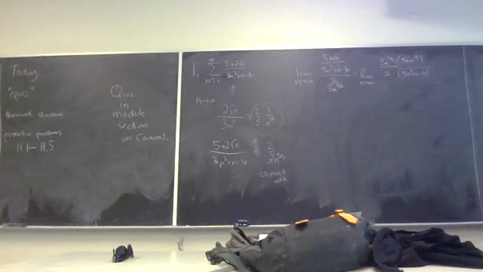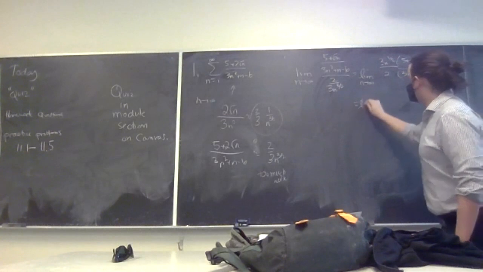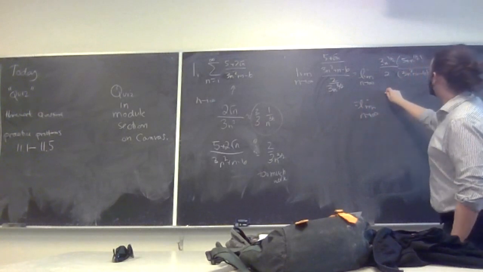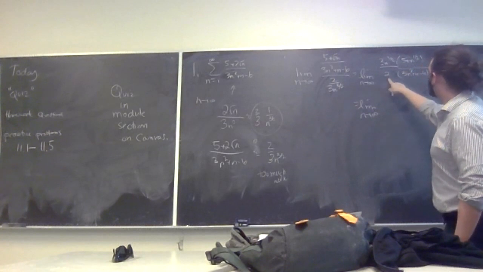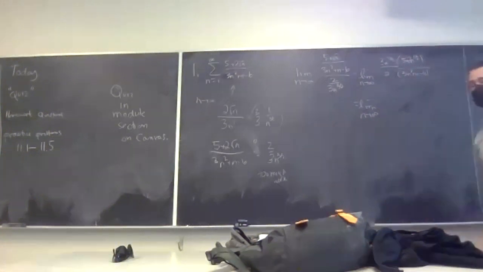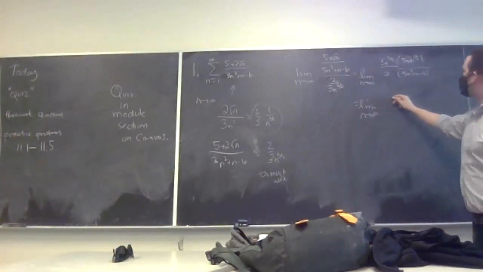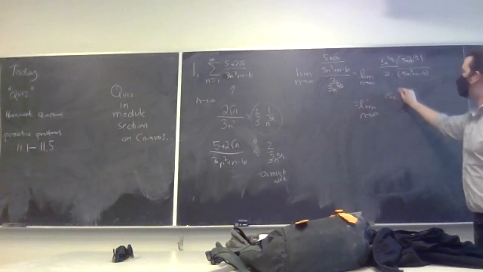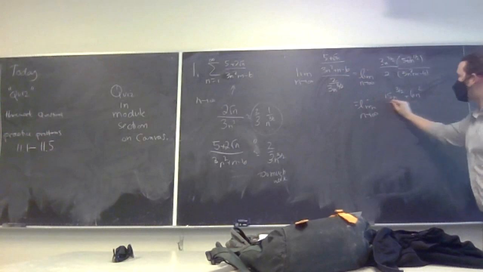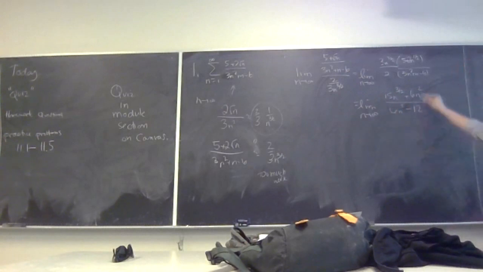When you multiply that out, I forgot something. There's a 2 here. Okay, so 15n to the 3/2 plus 6n squared over 6n squared minus 12.